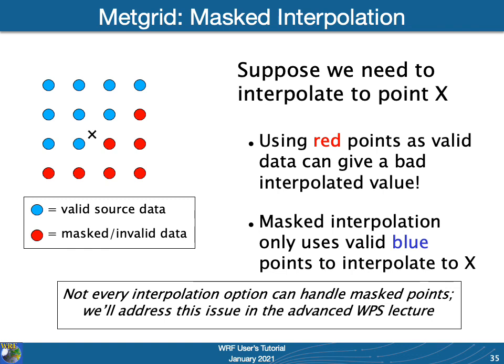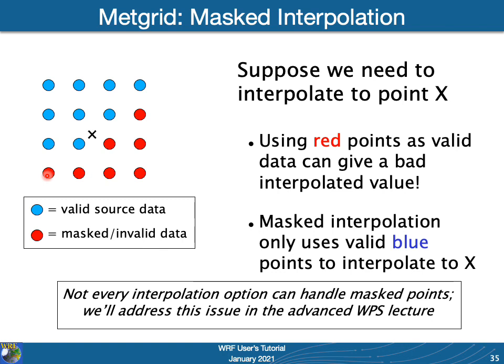On this slide, we're looking at an example of masked interpolation. Let's suppose that we wanted to interpolate to this X, and that represents perhaps the center of an ARW grid cell. These circles represent values in the source grid from which the Metgrid program needs to interpolate. Blue circles represent valid data in the source grid, and red circles represent invalid data or masked out data.